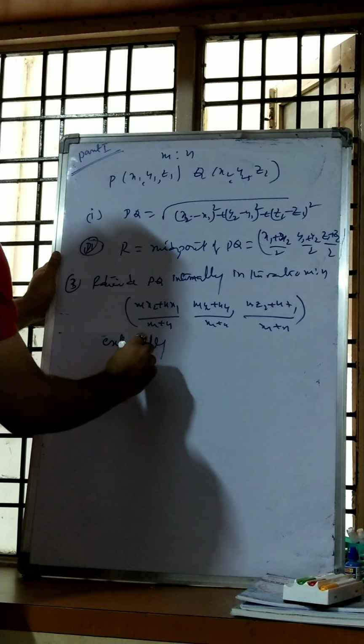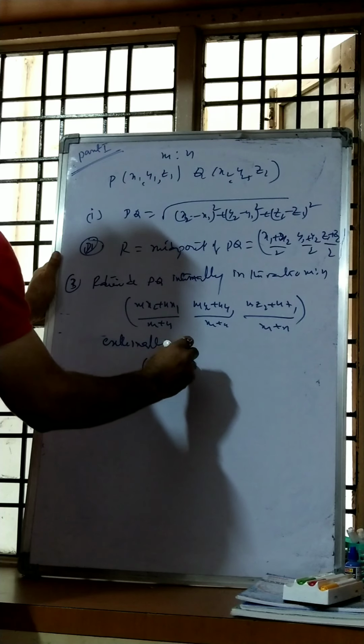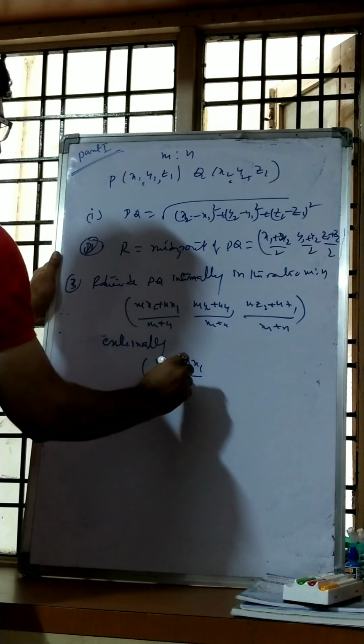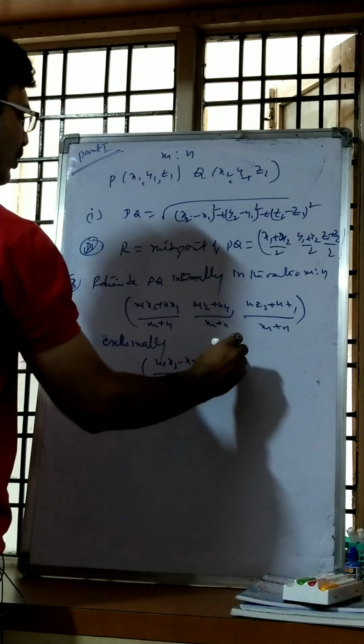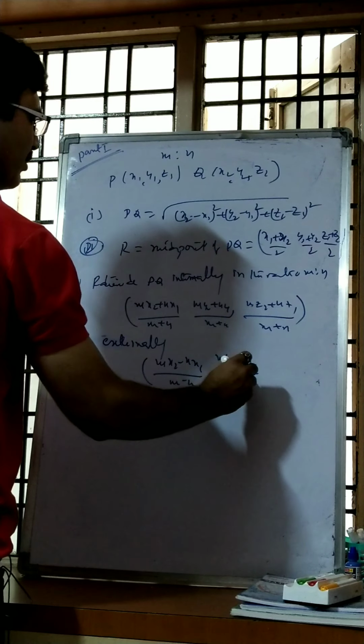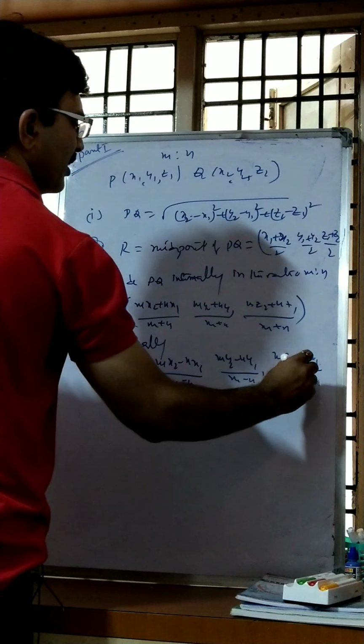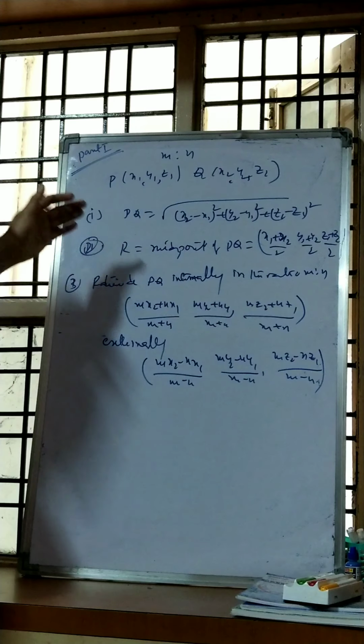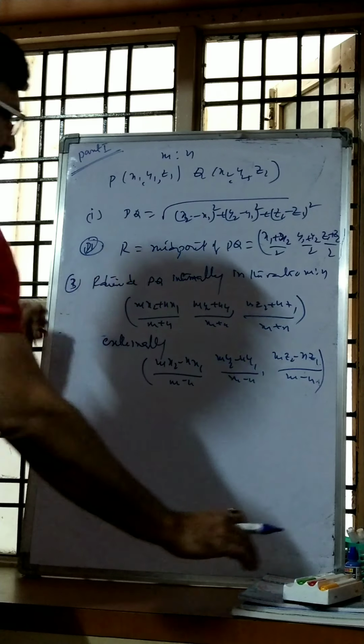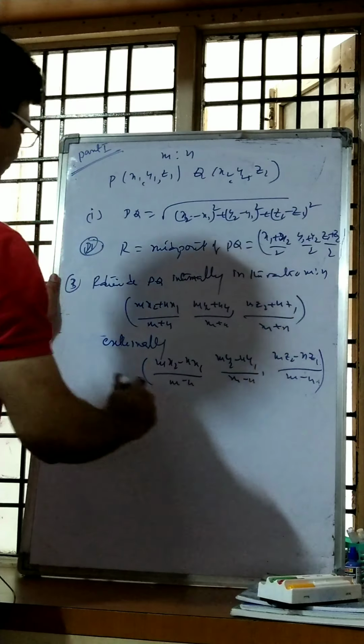If it is external, then you write mx2 minus nx1 divided by m minus n, my2 minus ny1 divided by m minus n, mz2 minus nz1 divided by m minus n. So externally, internally.